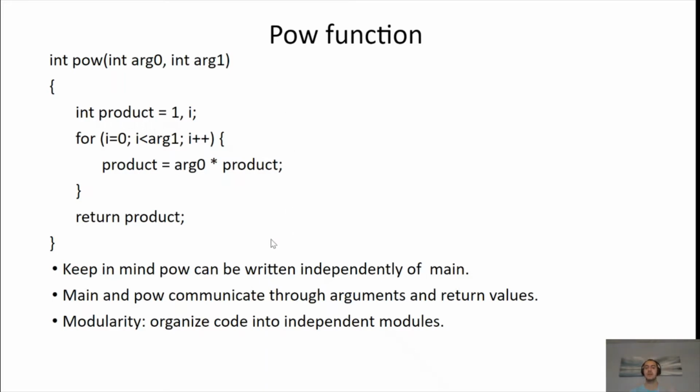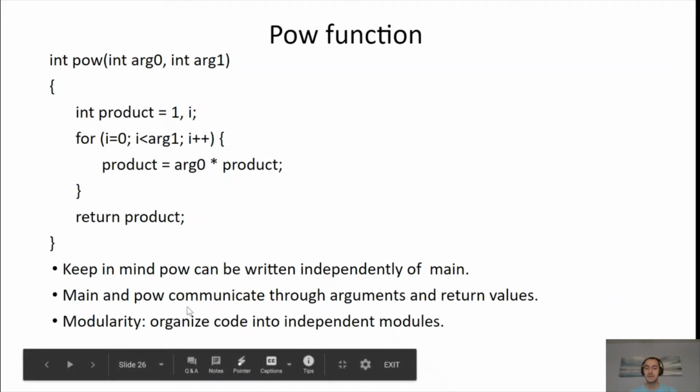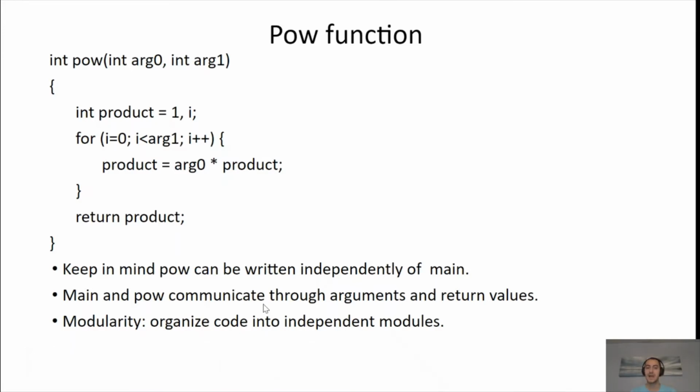So there are two separate entities. The way they communicate is through the standard that we set up. We have a convention for where the argument should go, where the return value should be, and how we keep or protect this return value. That's the way these two communicate.